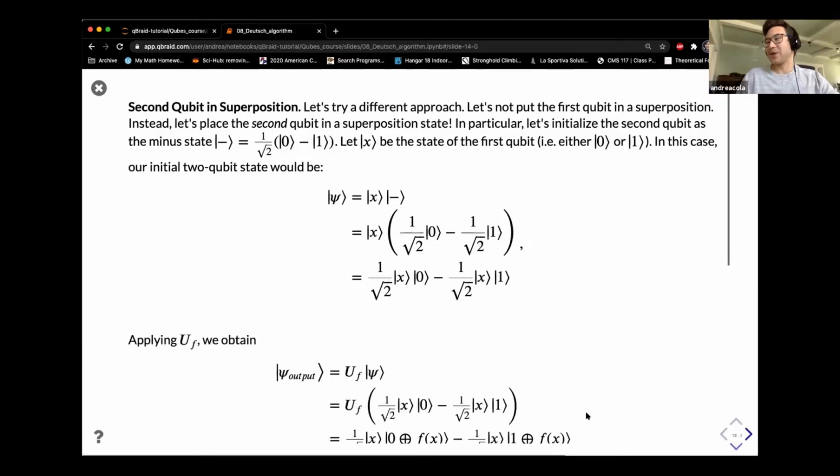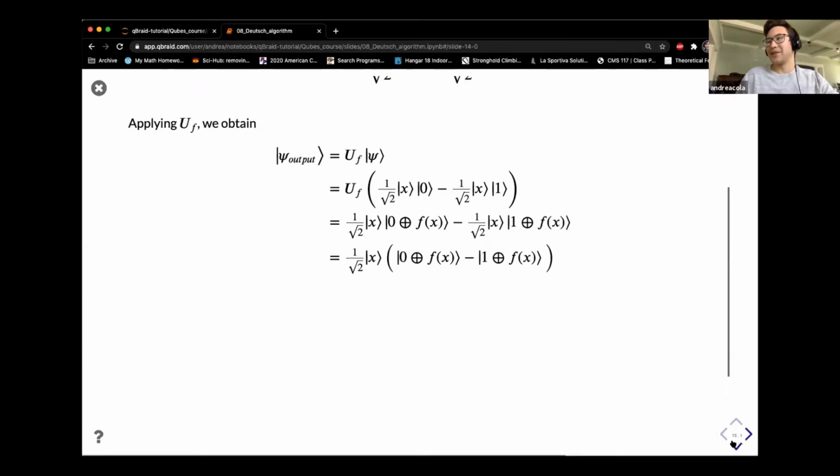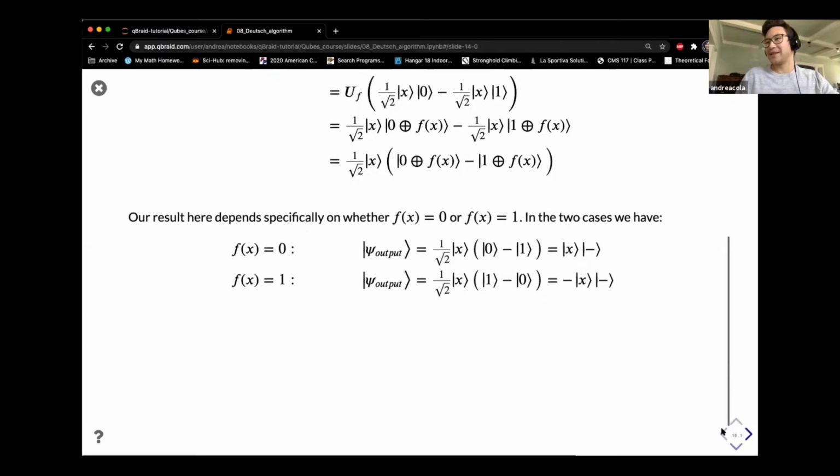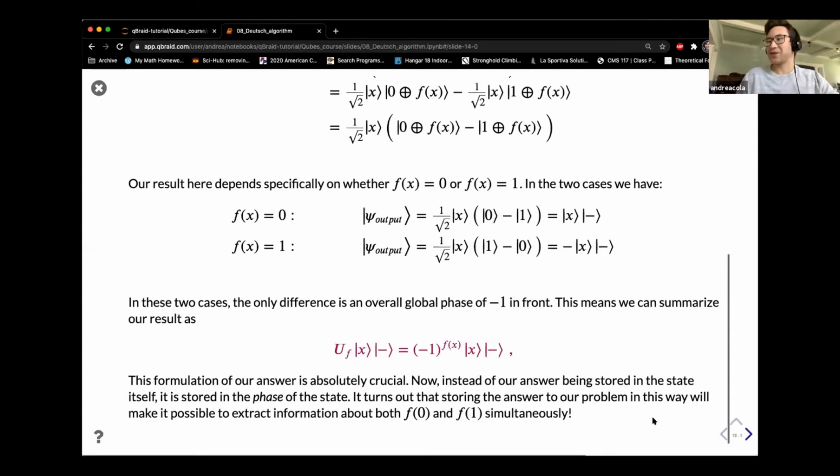And what we observed, I won't go through the calculation again, is that the information about f of x ended up being encoded in a global phase. So if f of x was 0, we ended up with the state ket x, ket minus after applying U sub f. If f of x was equal to 1, we ended up with minus ket x, ket minus.